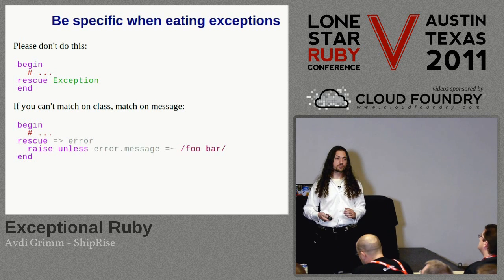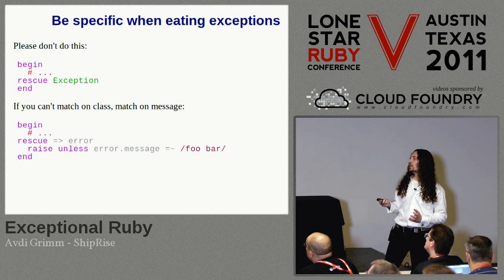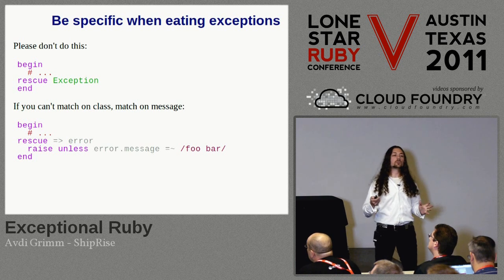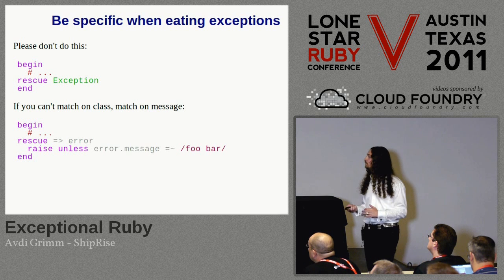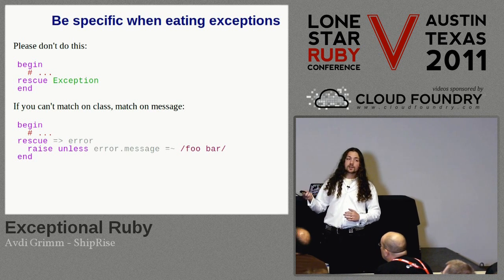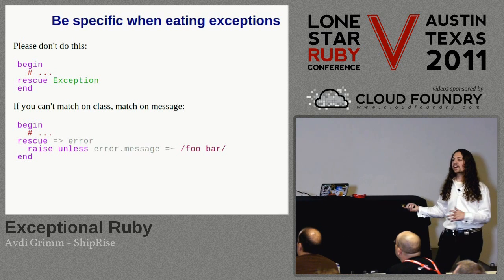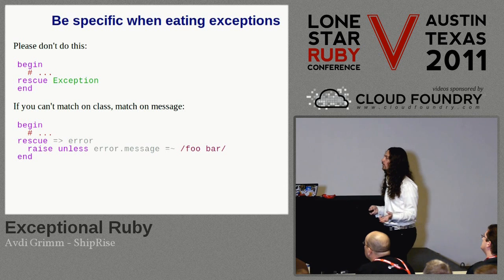Here's an anti-pattern for you. Handling overbroad exceptions, or putting overbroad exception specifications in rescues. Every time I run into one of these, it's usually because I'm trying to figure out why the code doesn't fail, but it doesn't work either.